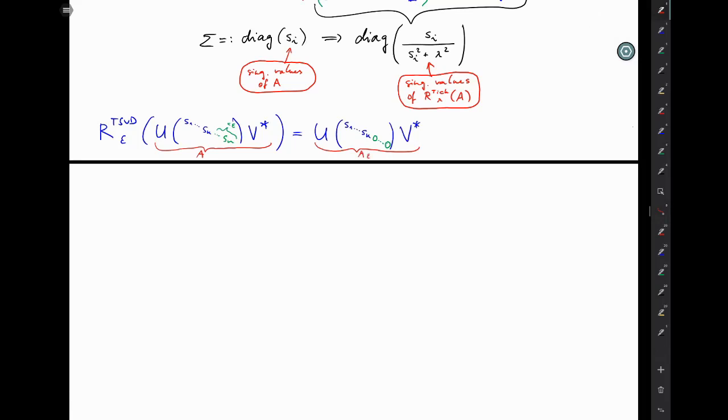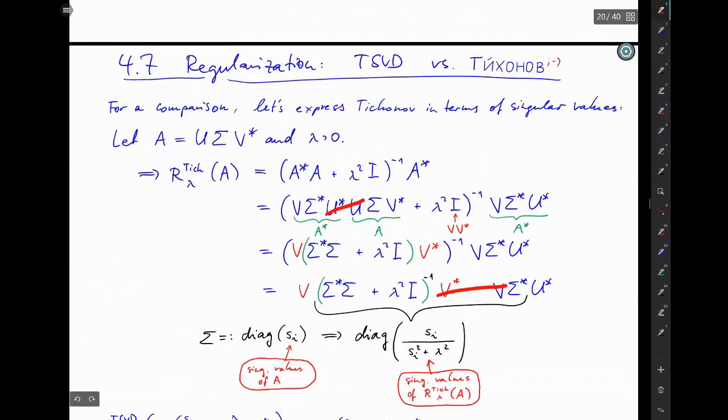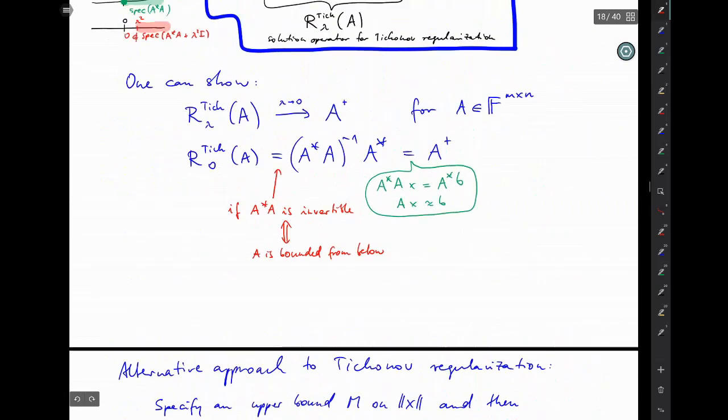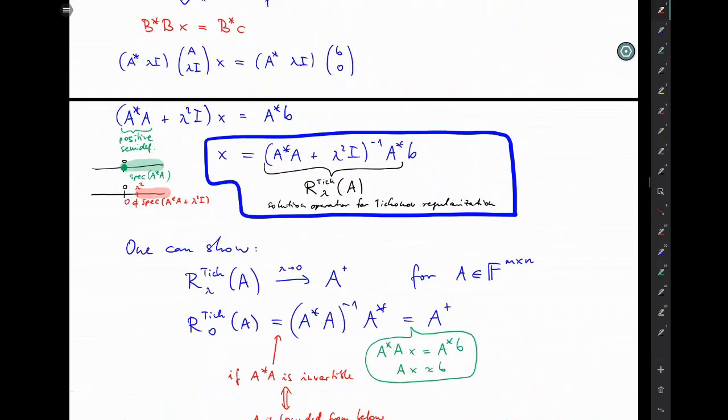And then instead of solving AX equals or approximately equals B, you plug in your new and improved A. But when we discussed Tichonov regularization, we found this operator that takes your right-hand side B and turns it into your Tichonov solution X, and that's what we called the solution operator for Tichonov regularization.